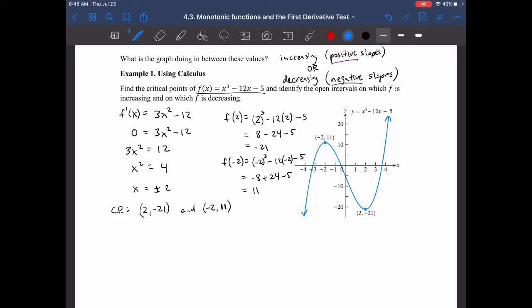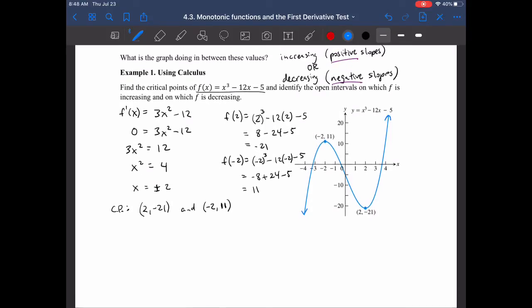Again, we're going to ignore that graph for a minute, and what we want to do is look on either side of the critical points and between the critical points, and just see what kind of slopes we get. So if we're looking at the interval from negative infinity all the way up to -2, that's up to this point right here.